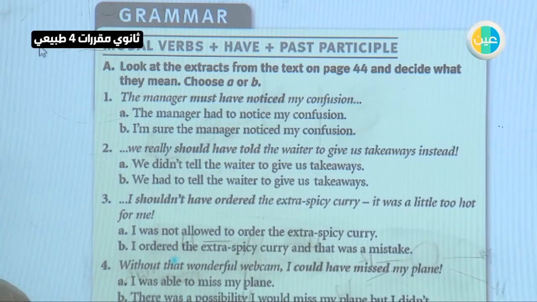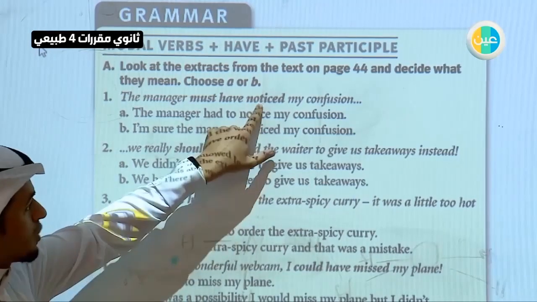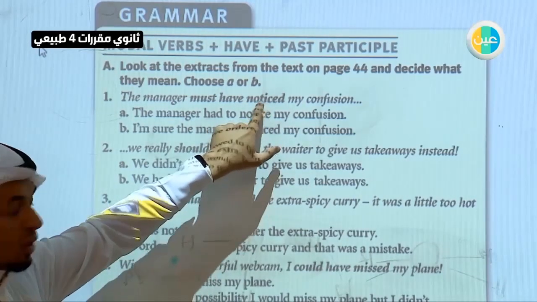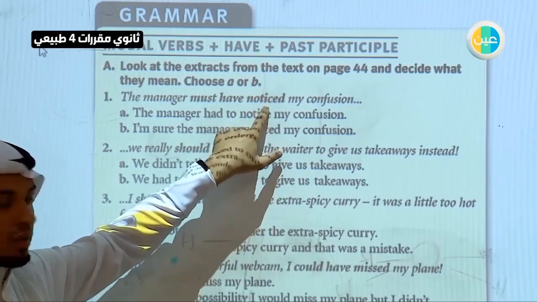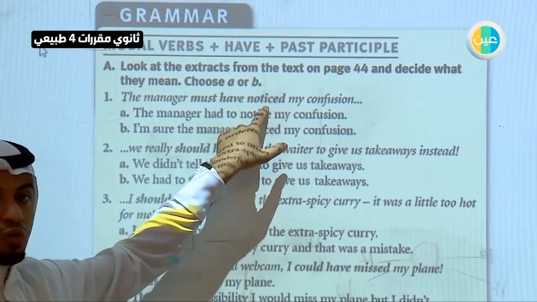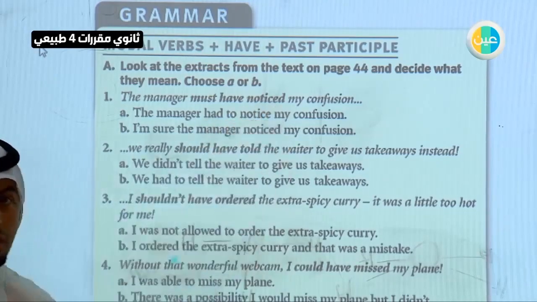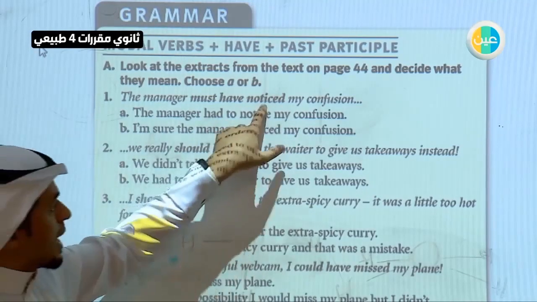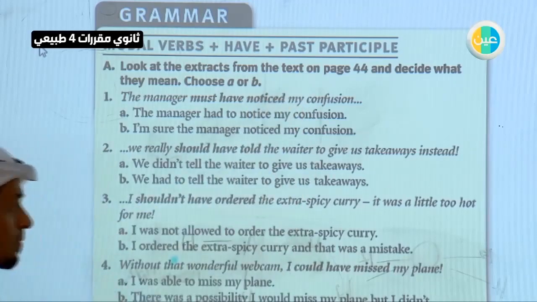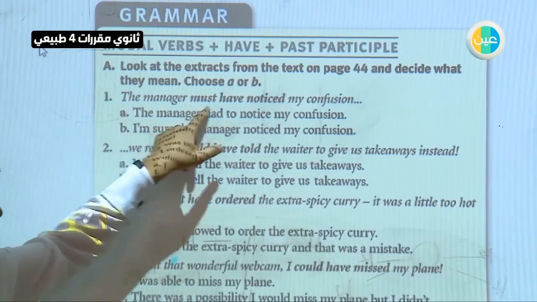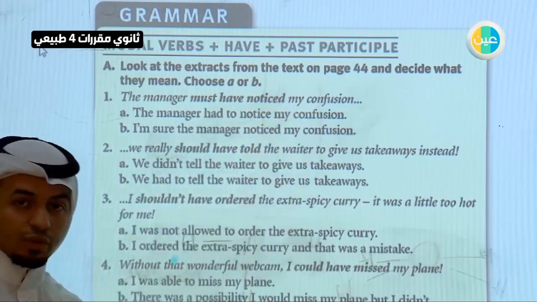But when there is a word that is not listed in that table, like the verb notice, you will not find it on page 81. So how do we make it a past participle? We add ed, and now it is in past participle. So the manager must have noticed my confusion.